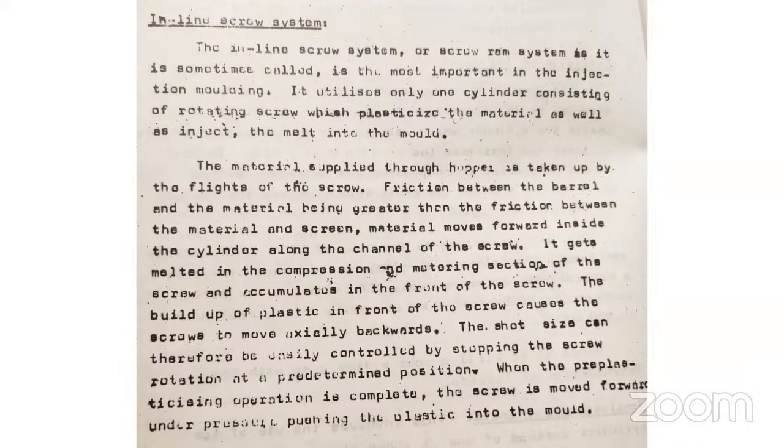Therefore, there is a high degree of slippage between the screw and the granule, and a low degree of slippage between the granule and the barrel. That you have to keep in mind. Therefore, the frictional heat is developed due to the friction between granule and the inside cylinder part.